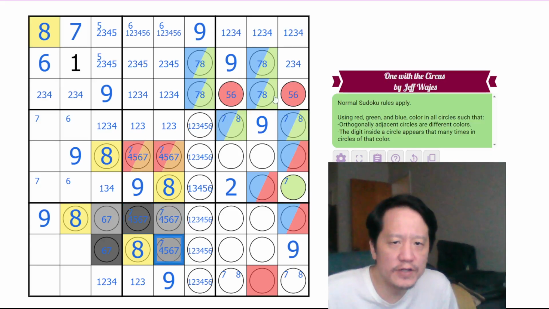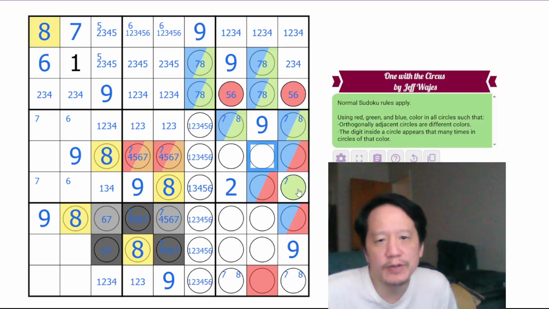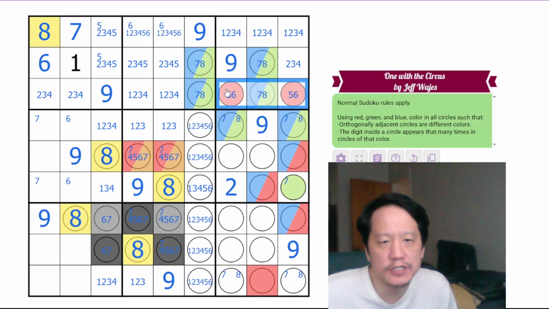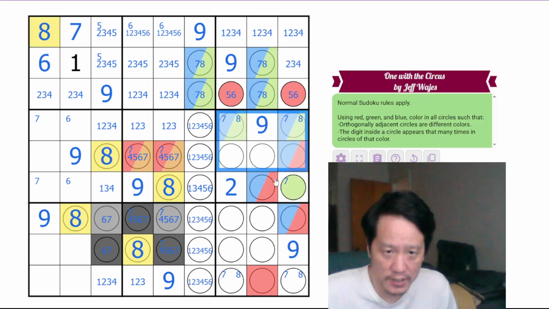So 5 and 6 are both red. This can't be red because we are guaranteed 5 and 6 must appear in box 6.